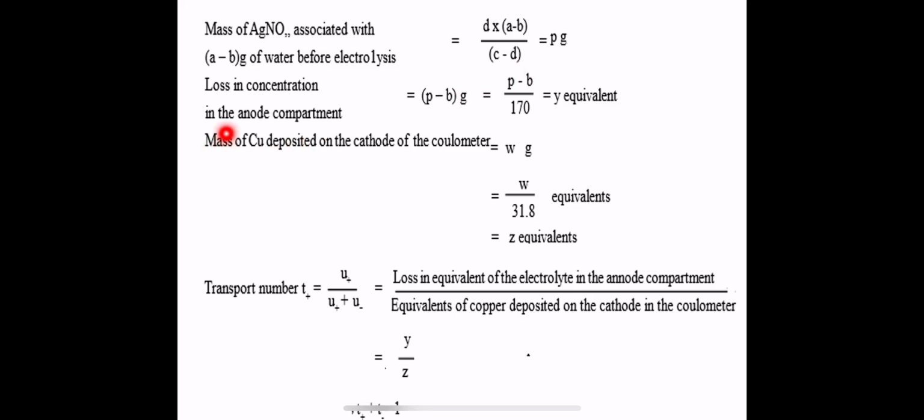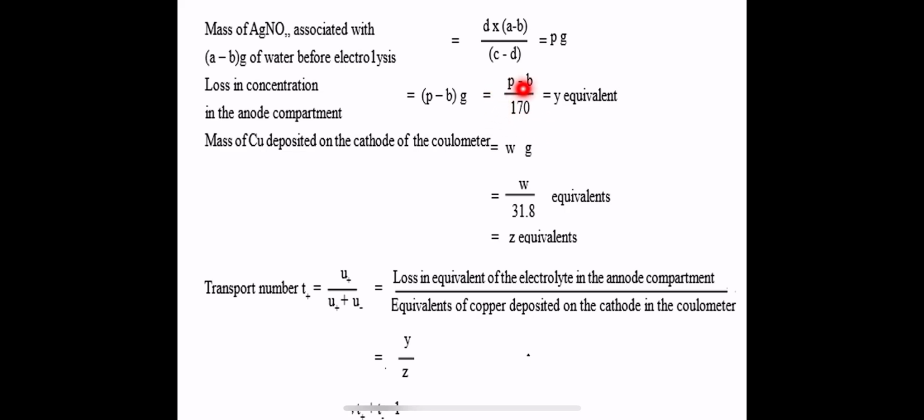And next, the loss of concentration in the anode compartment is equal to P minus B grams. Now let me convert this into equivalent weight, that is P minus B divided by the equivalent weight of AgNO3, that is, the equivalent mass of AgNO3 is 170.